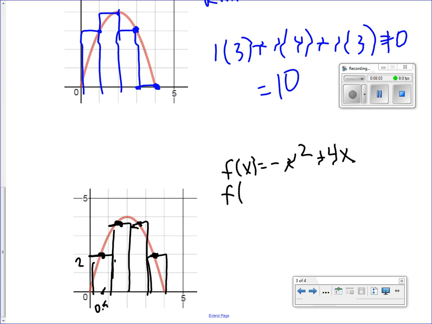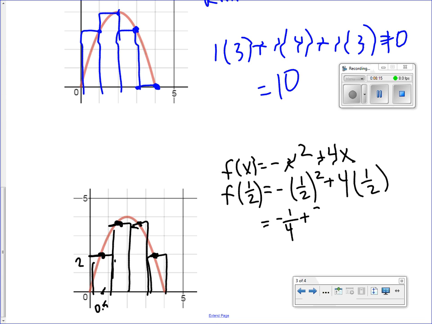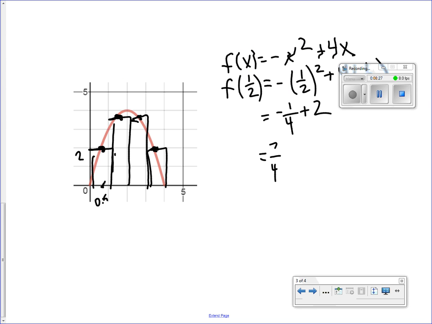So the height would be the output of the function at 1/2. So I can solve this algebraically. So the height, it's not actually 2, it is 7/4. So it's a good thing I checked that algebraically. So the first rectangle has a width of 1 and a height of 7/4.